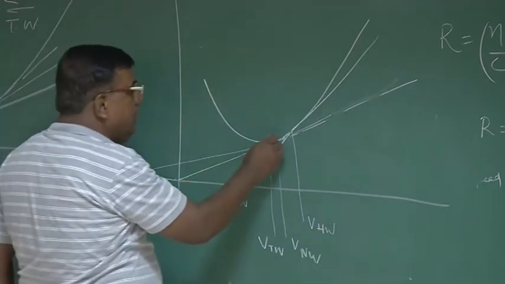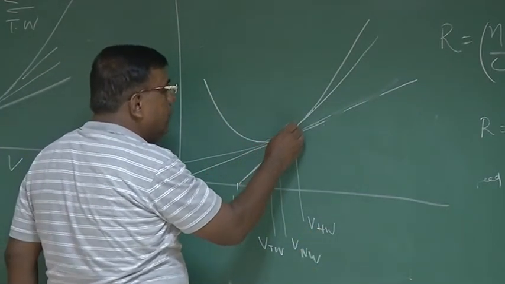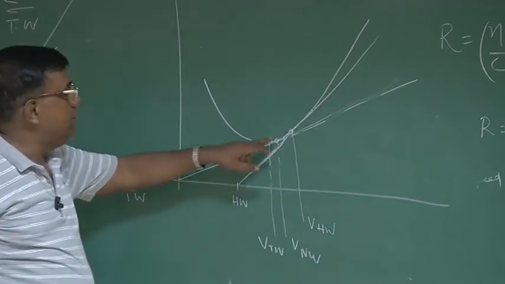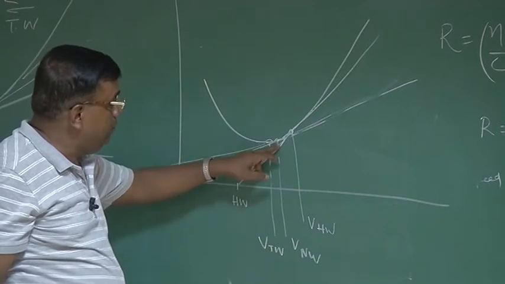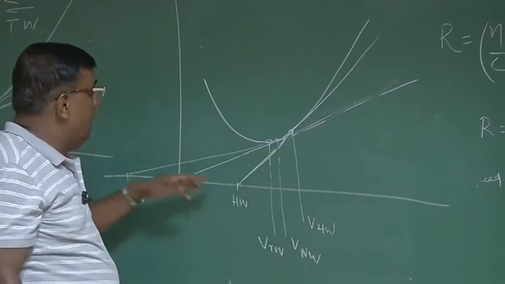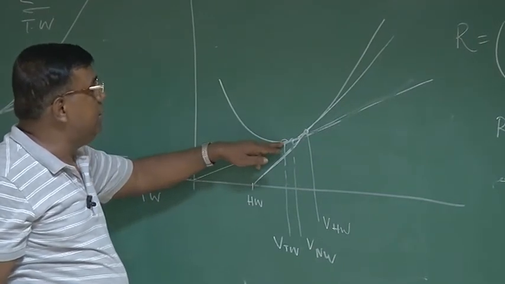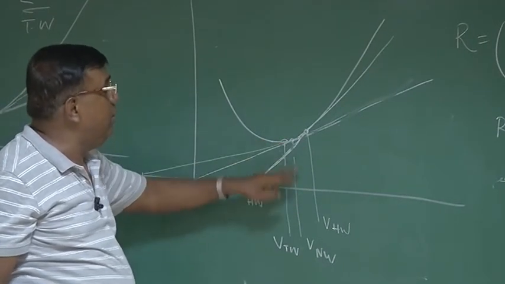If you see very carefully, there are 3 points. One is definitely the no wind, so this is the V for no wind, NW. As there is a tailwind, the slope changes, and this speed is less than the speed for no wind.